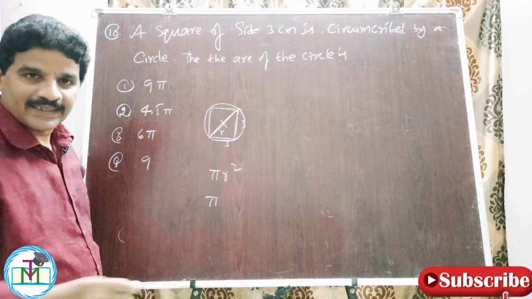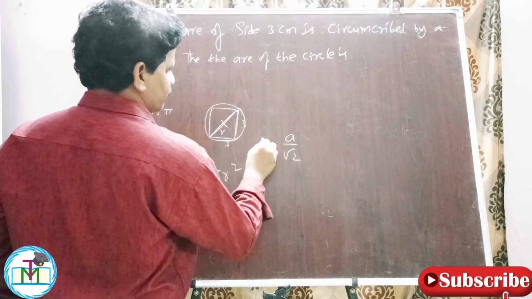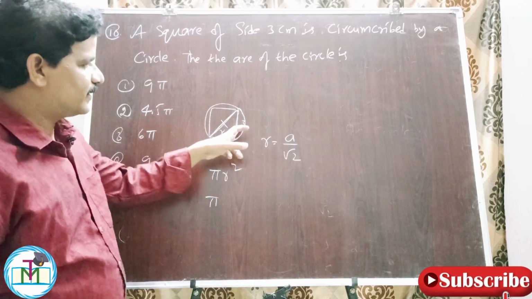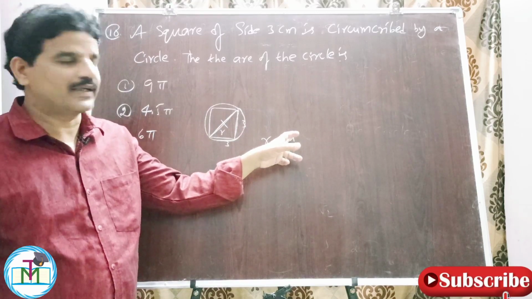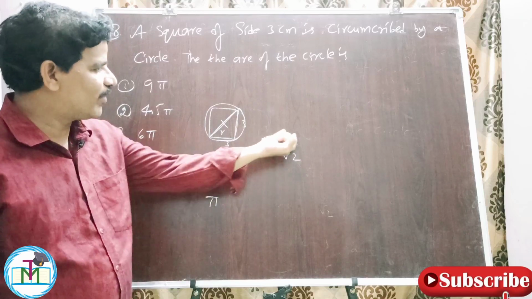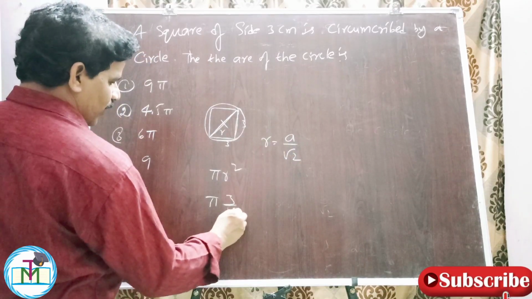Diameter is given by this much, but I want only half of it, means I want only the radius. Radius formula is given by a by root 2. R is equal to a by root 2. If it is 3 centimeters, put a equal to 3. If it is 10 centimeters, put a equal to 10. Whenever the side of the square is a centimeters, radius is given by a by root 2. Therefore a here is 3, so r is 3 by root 2.